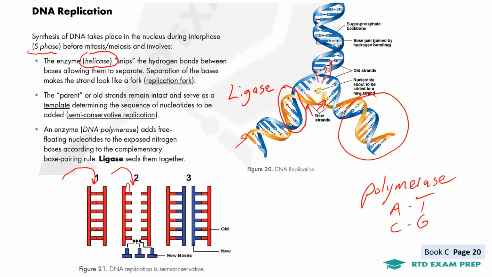So if I had the letter A here, then a blue T is going to attach to it. And it's going to create our semi-conserved rungs. So we could have had the enzyme polymerase being a proofreader for both of our strands. And I note that they're reattached here, so that would have been by our ligase.